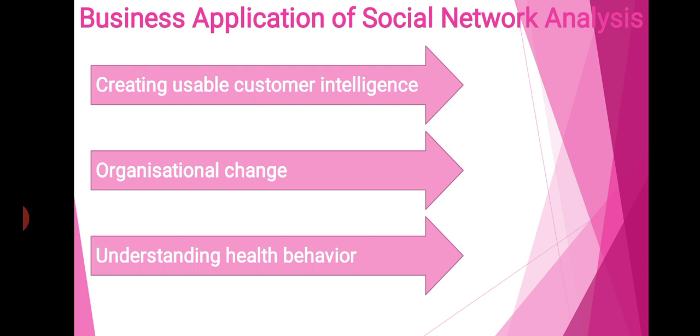So the next one is organizational analysis. It helps to reveal strategically important networks that can't be found on the formal organization chart. It is used within an organization, that is, organizational network analysis instead of social network analysis.